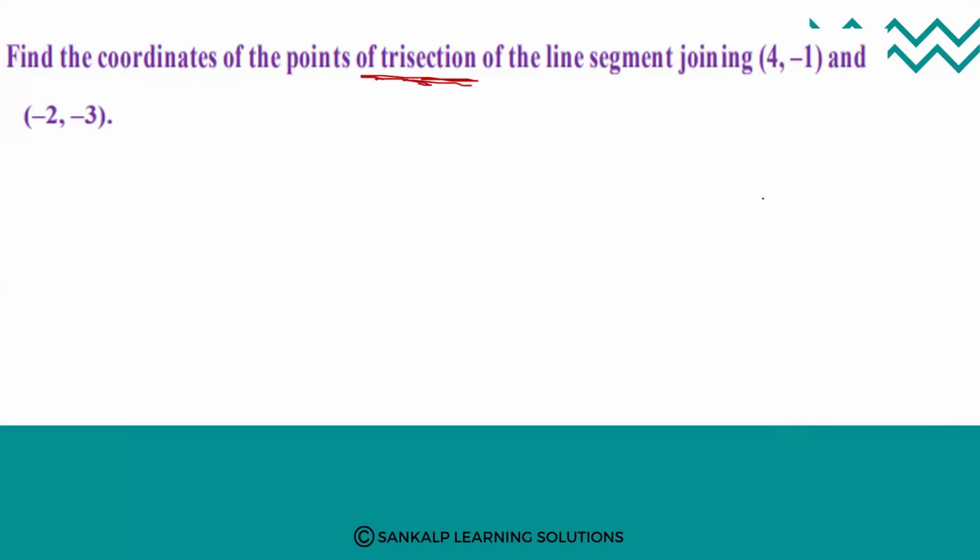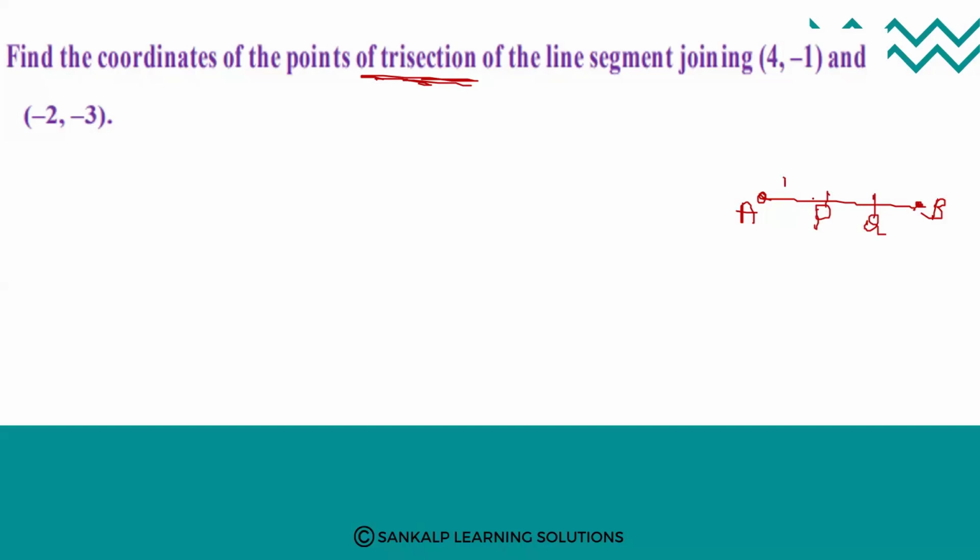Trisection means what? If you consider the line AB, this is point A, this is point B. Then we divide this line into three parts. This line is going to be divided into 3 equal parts. So I will divide this AB into 3 equal parts. Call these points P and Q: A to P one part, P to Q one part, Q to B one part.